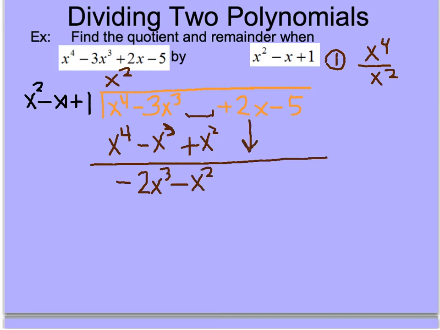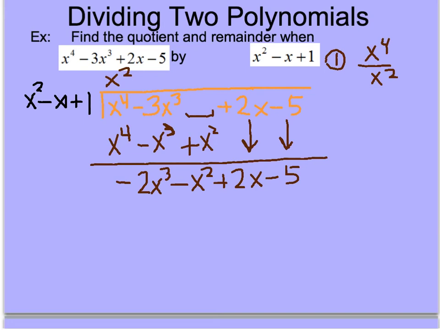And then we're just going to bring down our last two terms. And just a note before we go on, I think where most people make their mistakes on these problems is the subtraction part, because you have a tendency to want to just combine like terms and you're really subtracting. So please be careful on that.